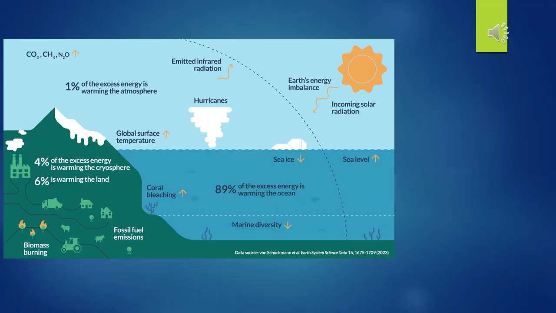So when our planet is warming up, most of the heat is taken up by the ocean. Oceans have a very high heat capacity, so it takes up a lot. It will take a lot of energy to heat it up. We all know that when we're at home, if you use a hair dryer, we get warm air right away.